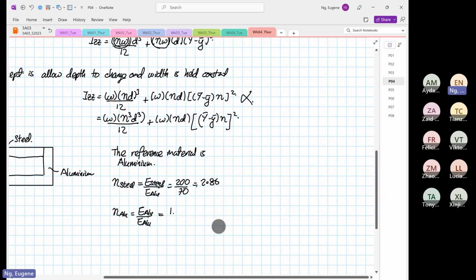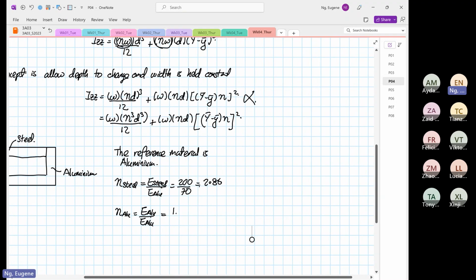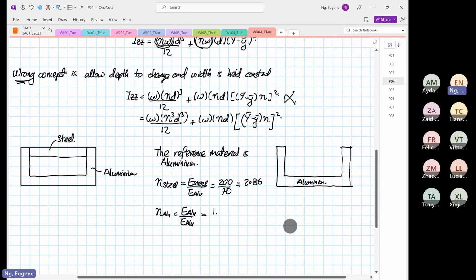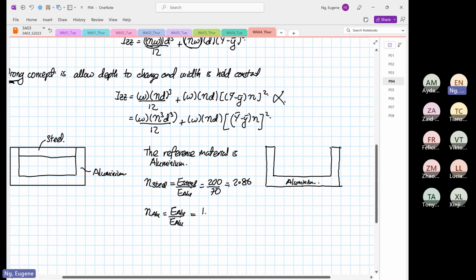So what does this mean? This means the aluminum is still the same. The aluminum geometry is like that. This is our aluminum, still the same, 2, 4, 6, 8 squares. Now the steel has to be 2.86 times.